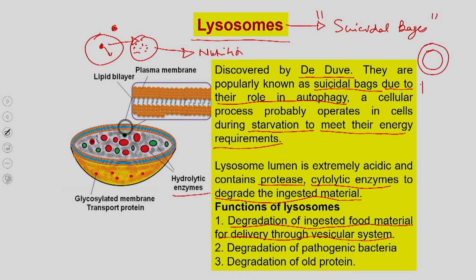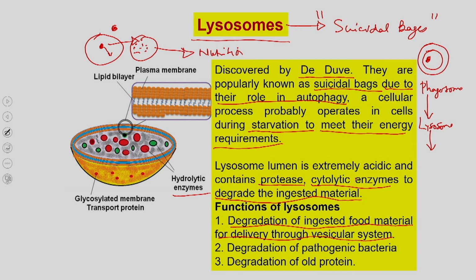These are called phagosomes. These phagosomes then deliver the bacteria to the lysosomes, and with the help of the proteolytic enzymes as well as the cytolytic enzymes, the bacteria are digested.